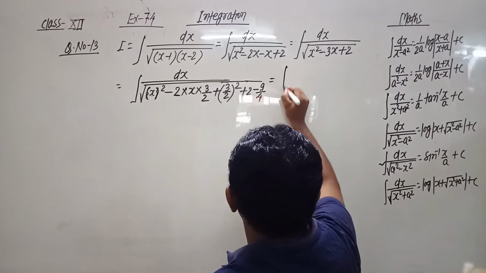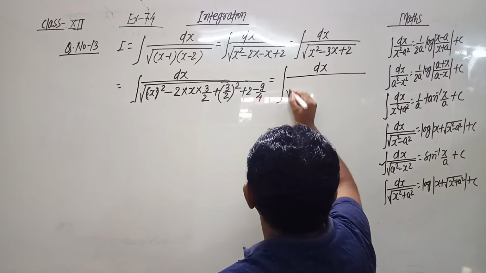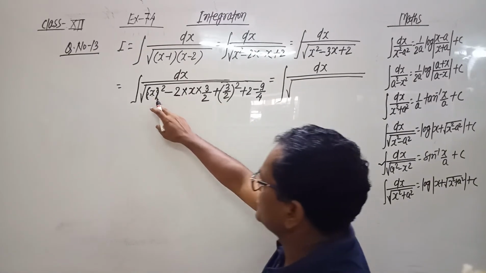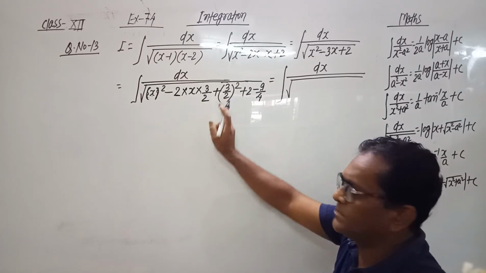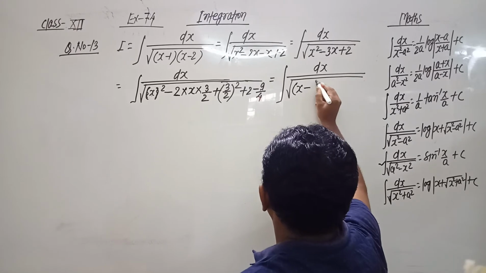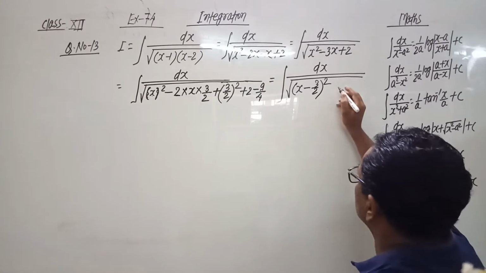Now we will write integration dx upon the square root of these three terms. This is a square minus 2ab plus b square, which can be written as x minus 3 by 2 the whole square, a minus b the whole square.